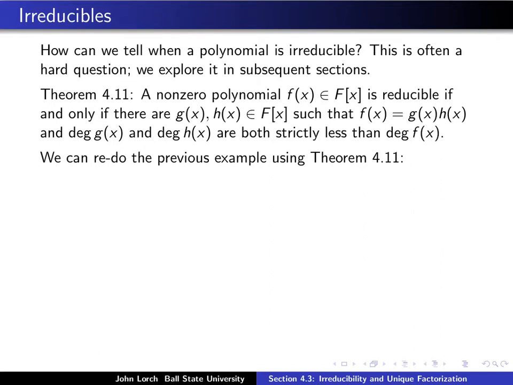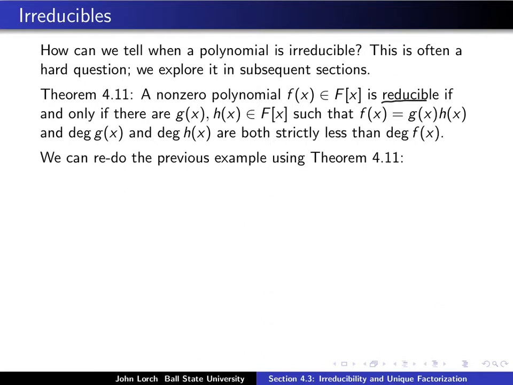So this theorem says that if we start with a non-zero polynomial, we will know it's reducible if and only if there are polynomials g of x and h of x that multiply together to give f of x, and whose degrees are both strictly smaller than the degree of f of x. Again, that's probably more in keeping with the way that you have thought about, say, reducible polynomials in the past.